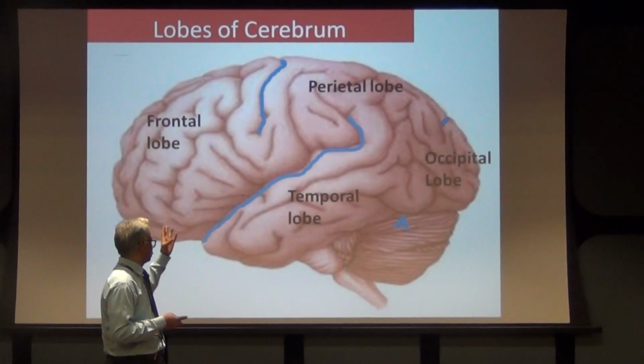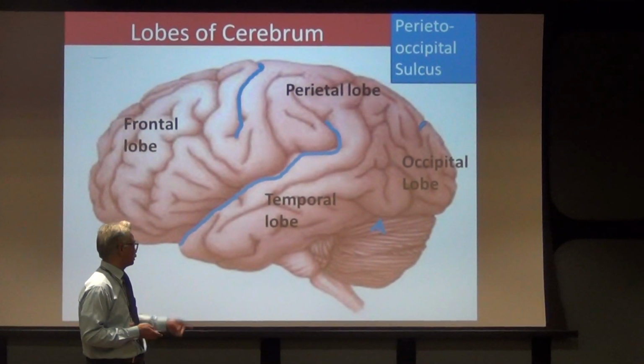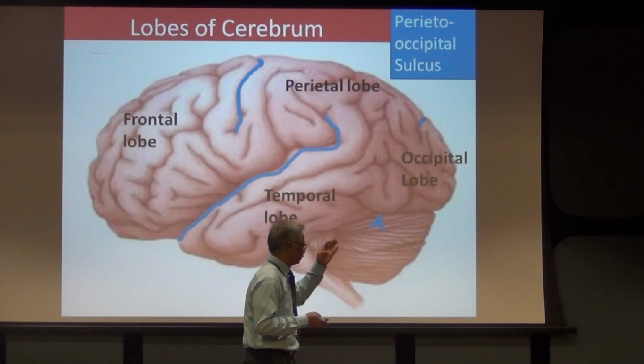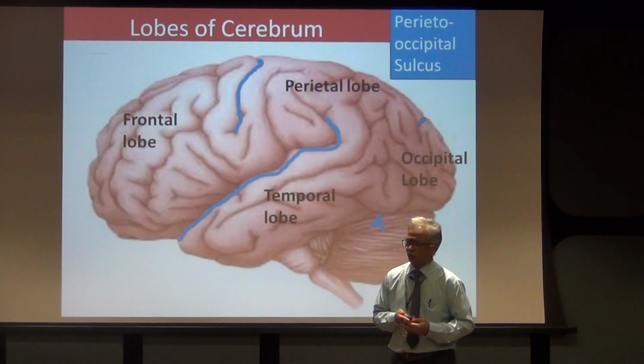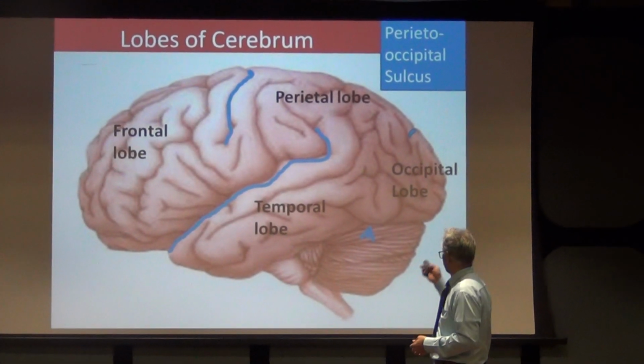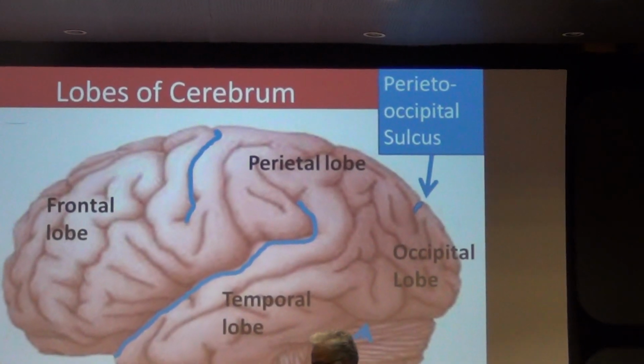Now these two sulci, plus there is another sulcus called the parieto-occipital sulcus, which is present over the superomedial border and in front of the occipital pole. You can see this is the parieto-occipital sulcus.